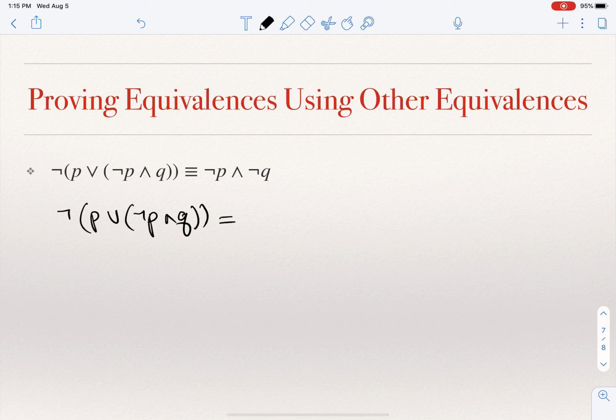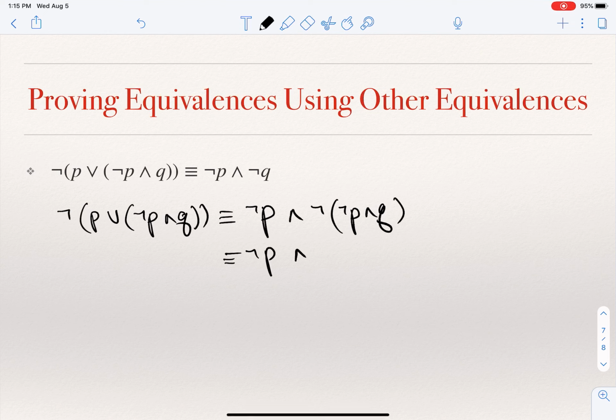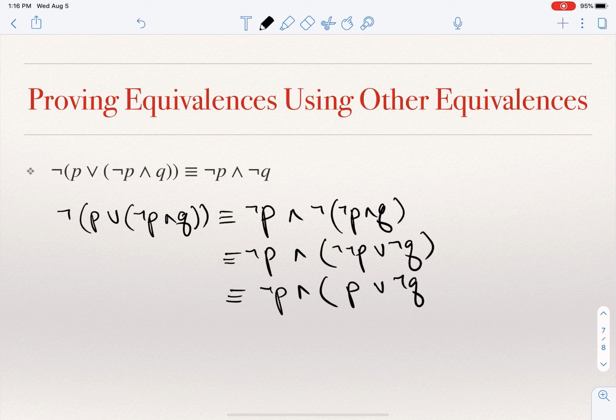So I can now use De Morgan's law, and I say this is equivalent to not P and the negation of not P and Q. So this is De Morgan's law. Now I can say that this is not P, and I can apply De Morgan's law again, and this becomes the negation of not P or the negation of Q. This is equivalent to not P and P or not Q.